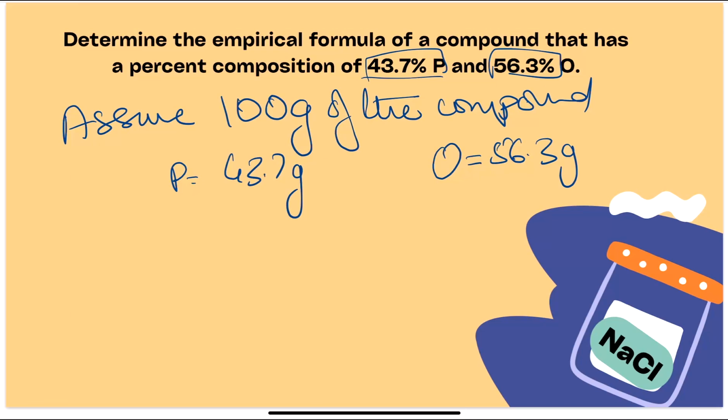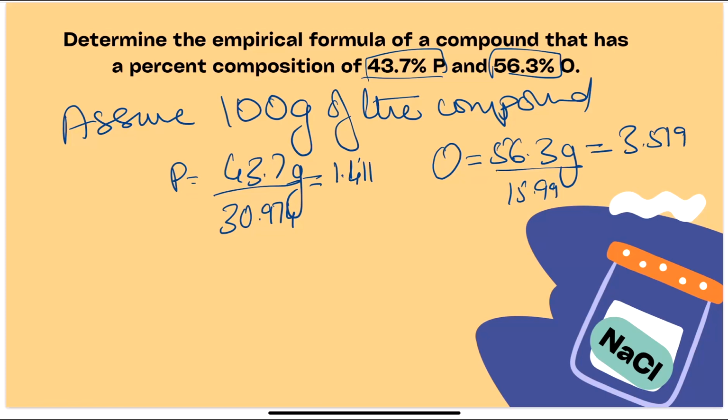And then you're just going to quickly divide by their molar masses to find the number of moles. So this is divided by 30.974, and you divide this by 15.99, so you get about 1.411 moles of phosphorus, and this is 3.519 moles of oxygen.